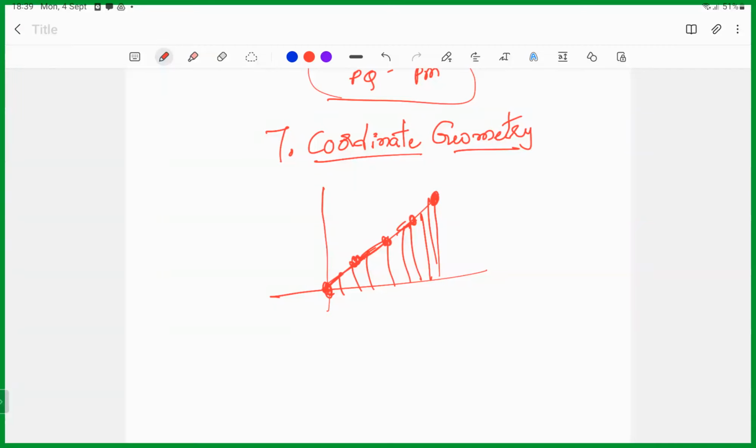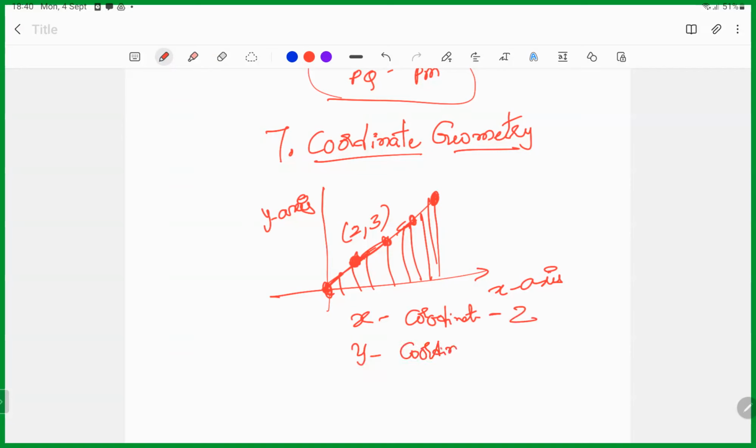So there is something called the x-axis, right? And so what is the x-axis? There will be an x coordinate and a y coordinate. So let's say I mark this point as 2, 3. What is the x coordinate here? 2. The y coordinate is 3.